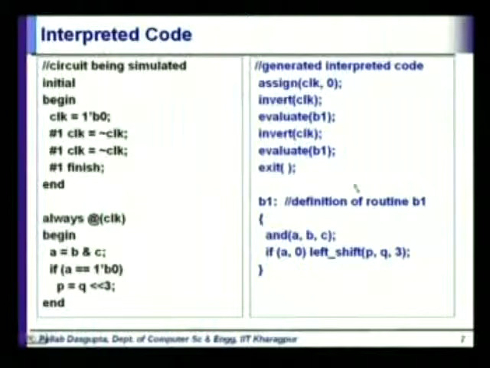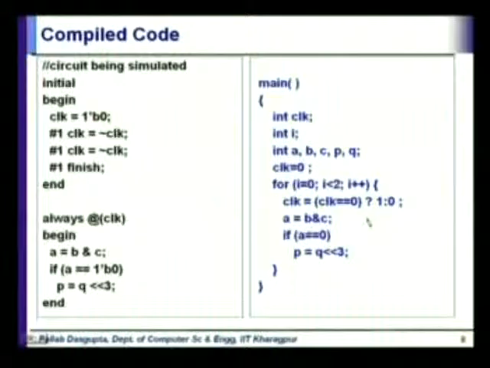The previous one can only be run on those machines where there is an interpreter for this interpreted code. And if there is an interpreted code simulator, then the simulator itself will be the interpreter for that code. Whereas here, after the compilation is done, all you need is a C compiler. But remember, these are 2 extremes. Typically, simulators are not going to use purely one or the other.